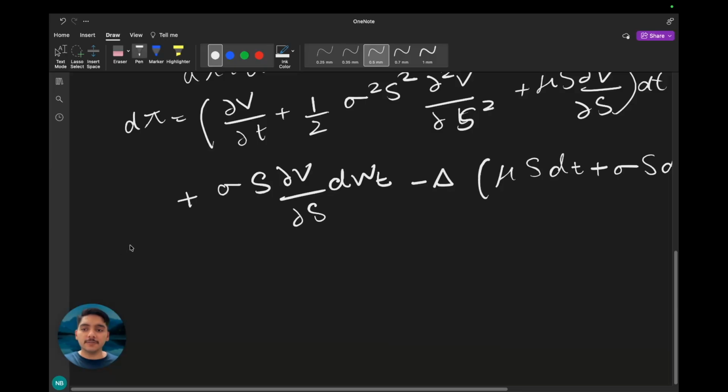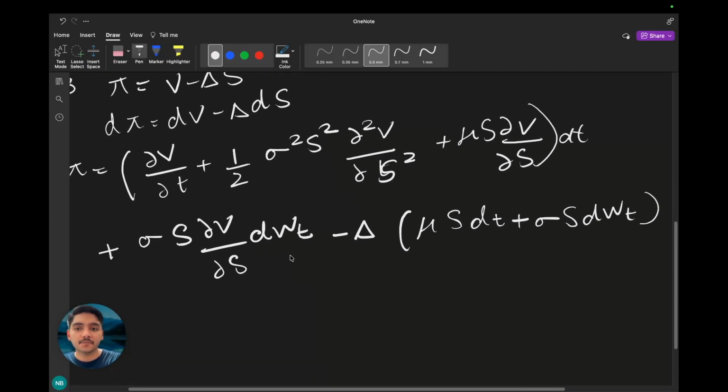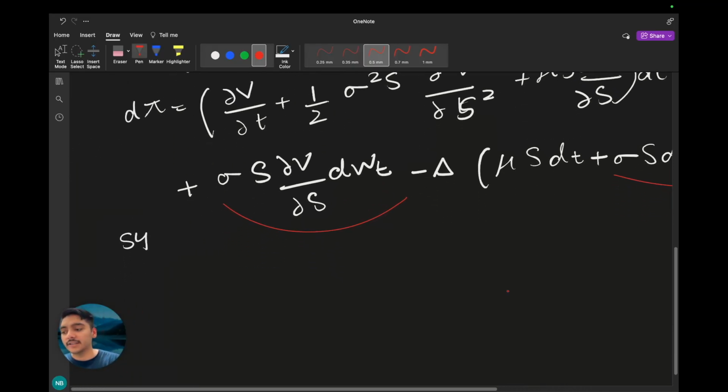Step 4: to make this portfolio risk free, we eliminate all randomness by setting the dW_t coefficients equal. We are equating these two to make the portfolio risk free.